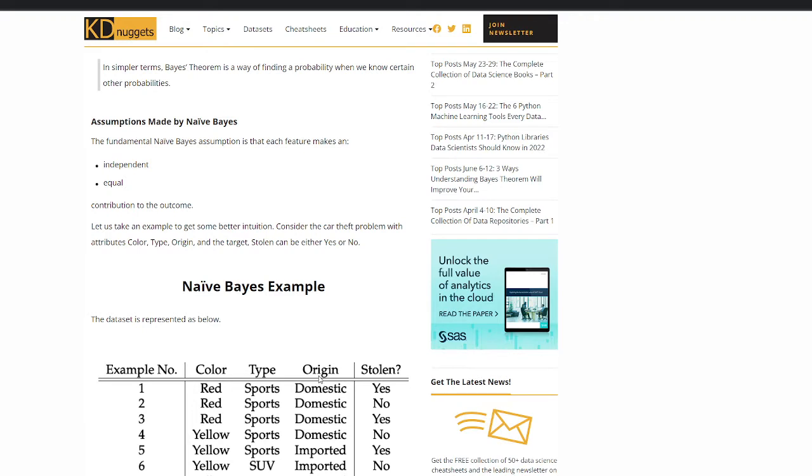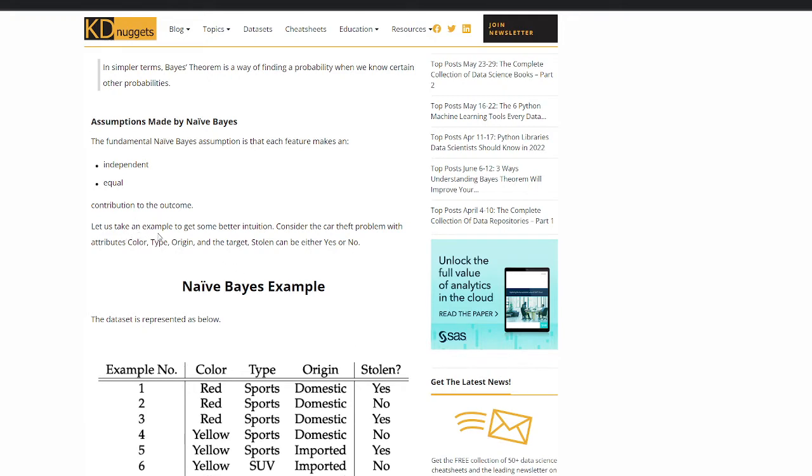The origin, domestic or imported, are independent. So all of them are independent. There's no relevance between them. And there's another assumption, that they all are equal. They all are equal means that the contribution to the output, whether this car is stolen or not, is equal. Red color, sport, domestic, all of them contribute equally to this output.